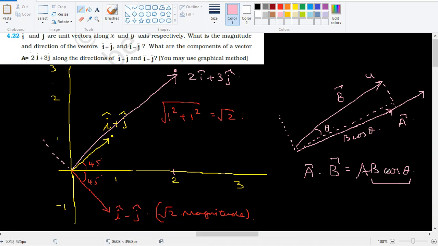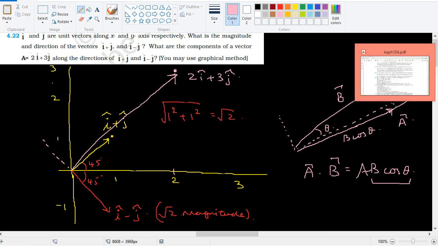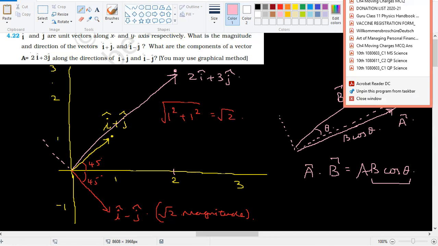I think I told you somewhere the geometrical meaning of the dot product. Did I tell you? Yes, no? You folks know it or not? If you have the handbook, I'll show you where you can refer to it.